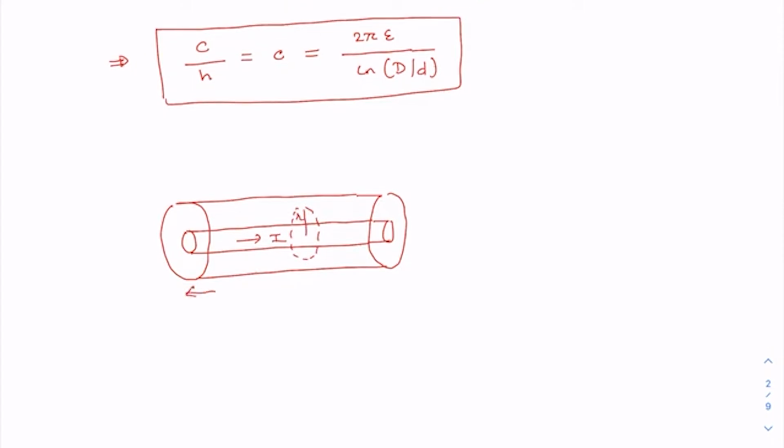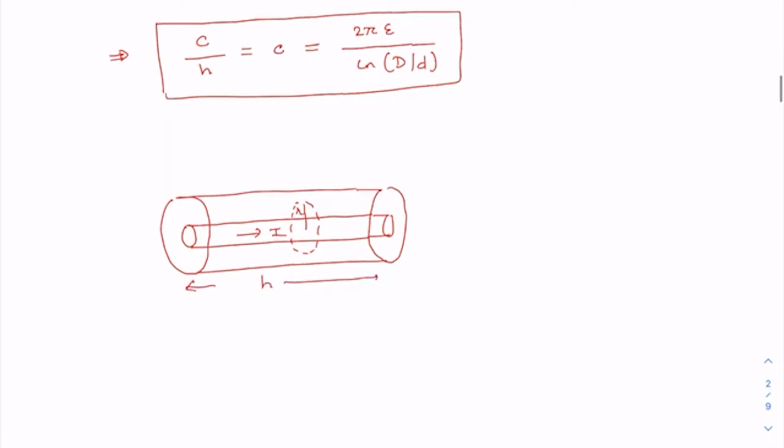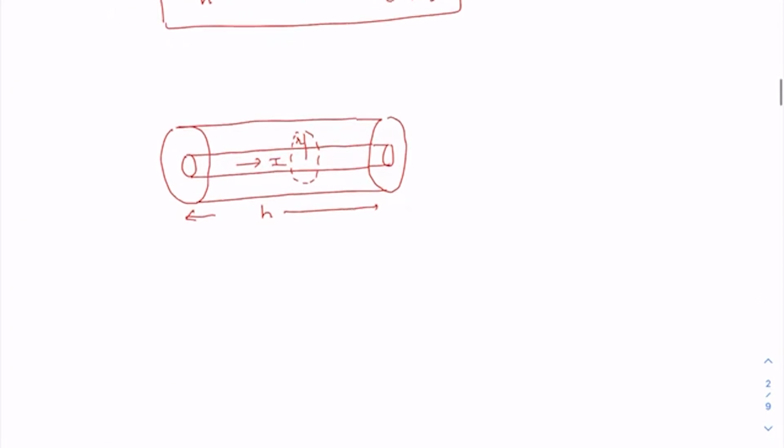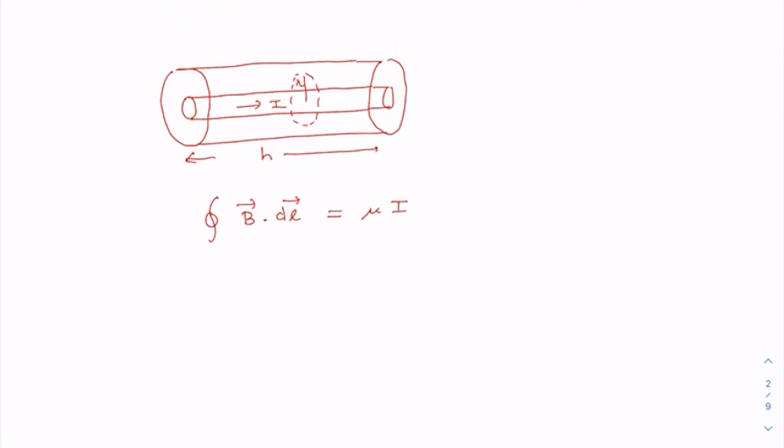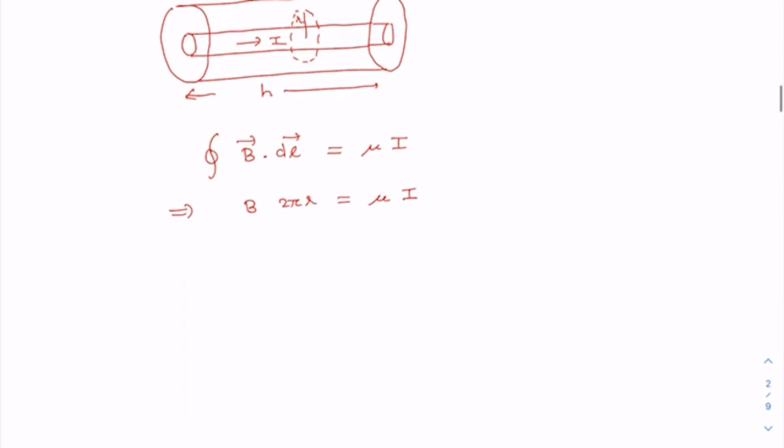Then this has length again h. So if I apply Ampere's law, I know that Ampere's law is B dot dl is equal to mu I, where mu is the permeability. So this will give me B into 2 pi r is equal to mu into I. Therefore magnetic field B is equal to mu I divided by 2 pi r.